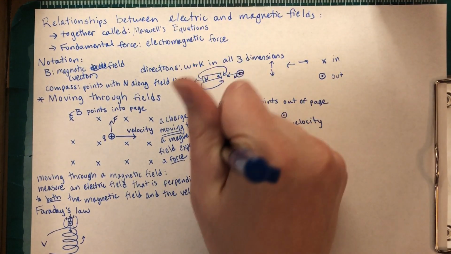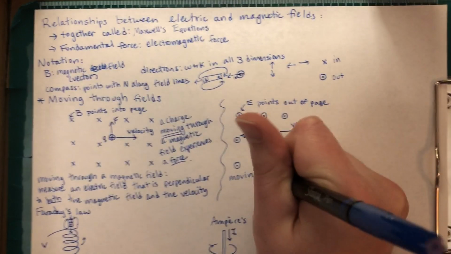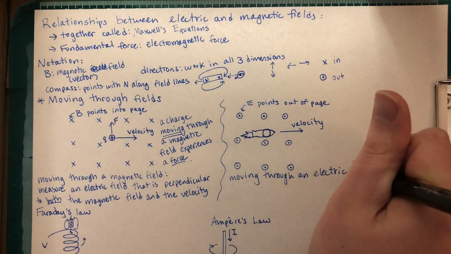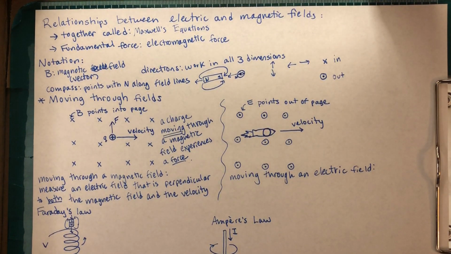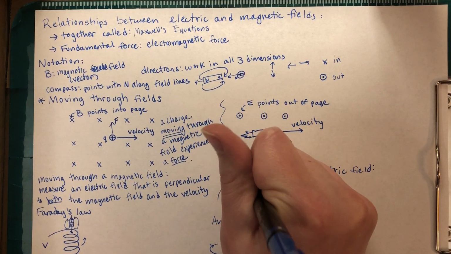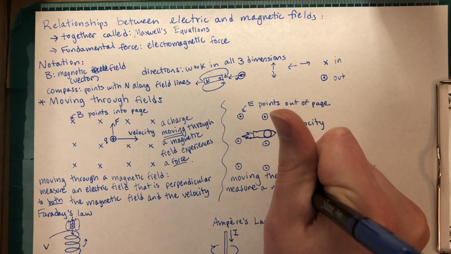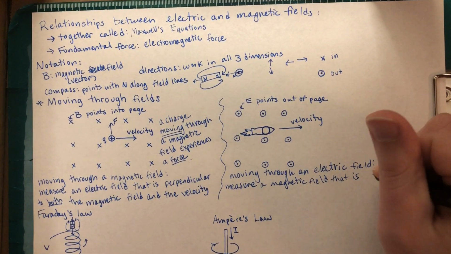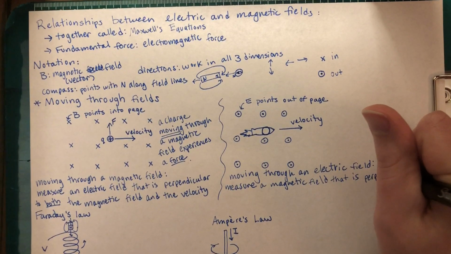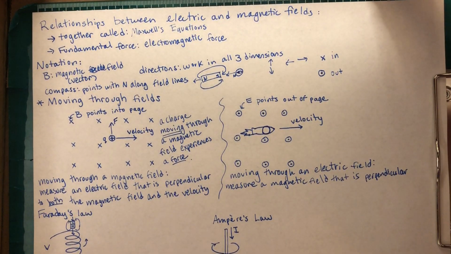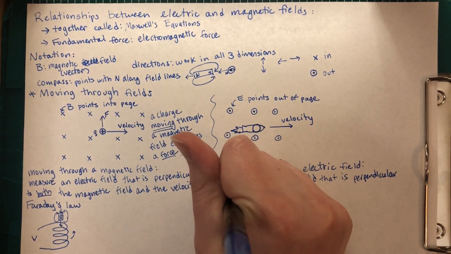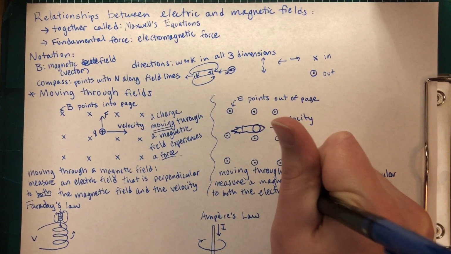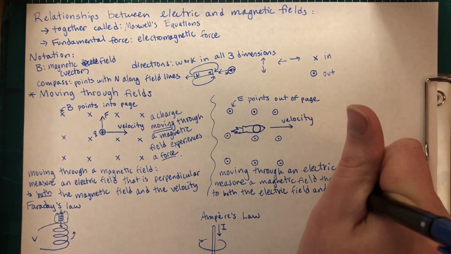So, moving through an electric field, we can measure a magnetic field that is perpendicular to both the electric field and the velocity.